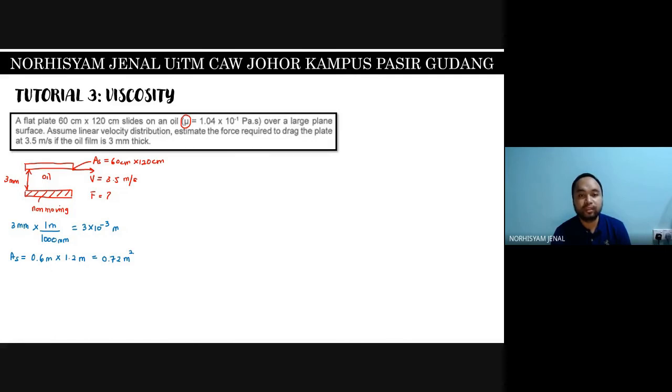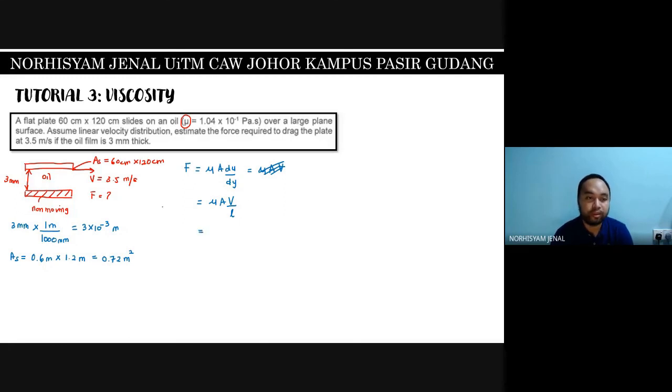The question asks us the amount of force required to drag the plate. To do the calculation, force equals mu A du dy. Since we don't have any du dy here, we can change the equation into mu A v over the thickness. Mu is dynamic viscosity, A is the area, V is the velocity, and L is the thickness.